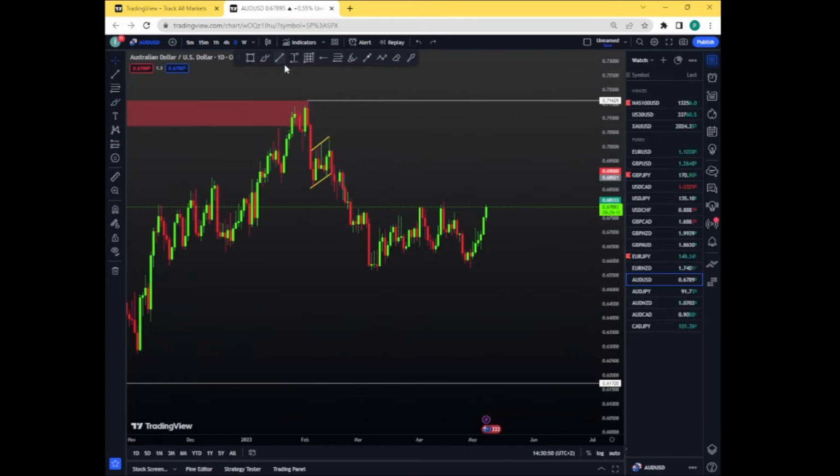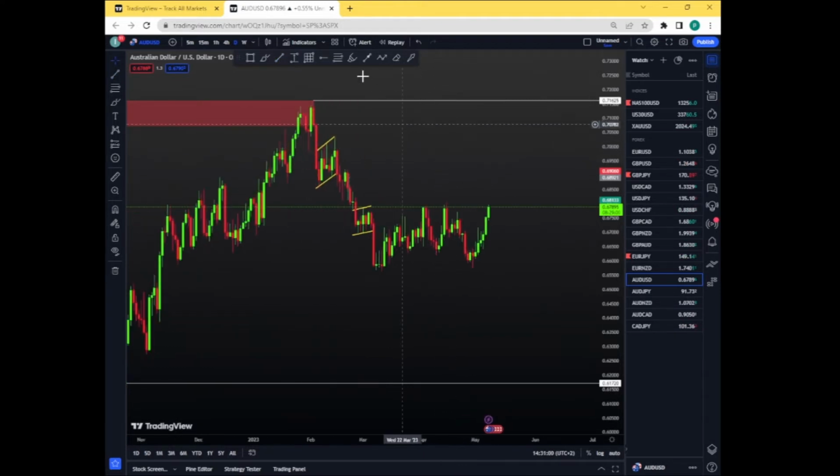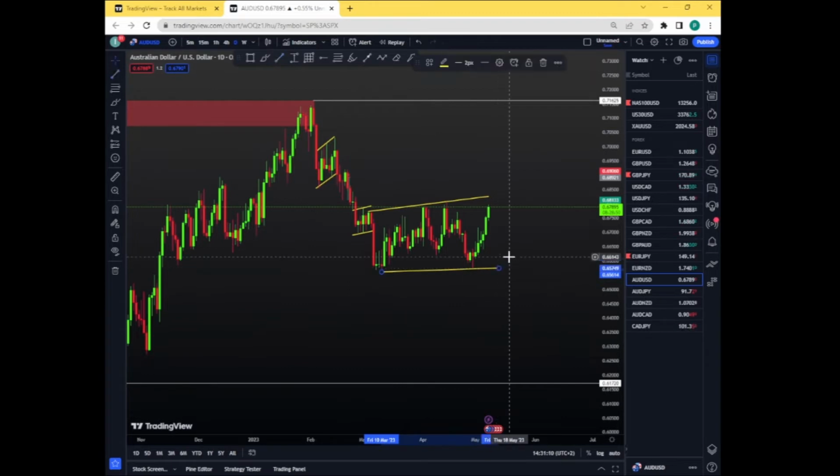No problem. Here we also had our continuation pattern. And remember, we are still on a daily time frame. We are doing a top-down analysis. You are learning how to do a top-down analysis.